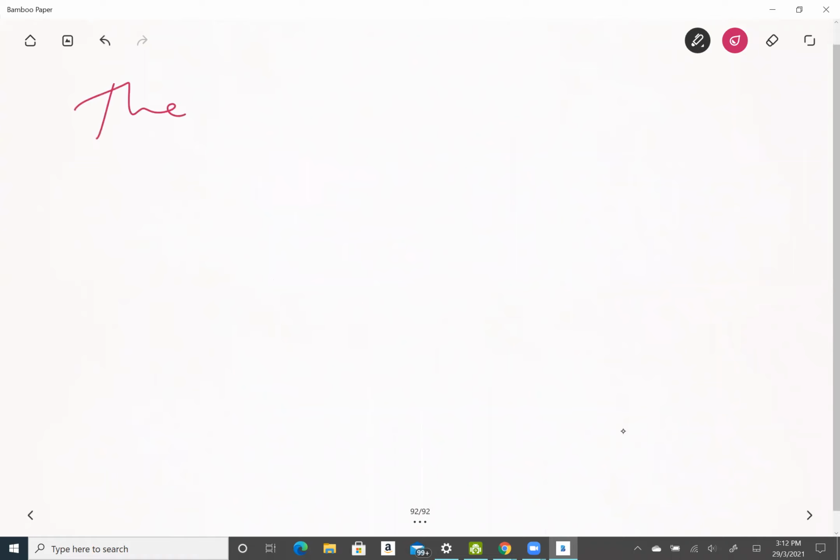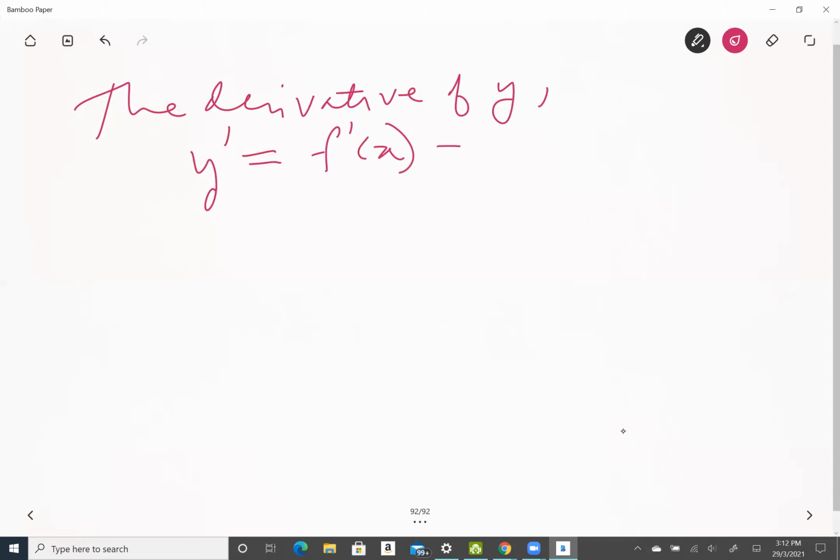So the derivative of y, that means after you differentiate y, we denote by y prime equal to f prime of x equal to dy dx equal to df dx, or just f prime. So these are different notations for the same thing.